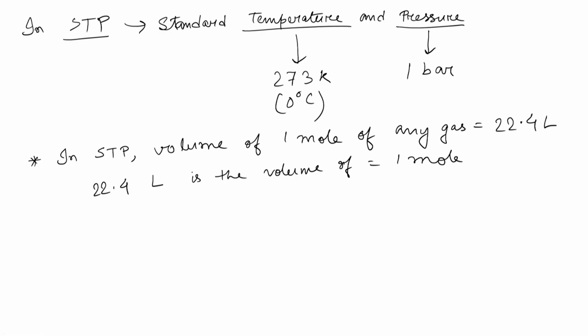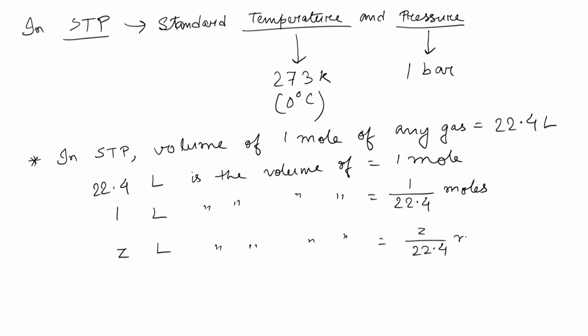Okay. So, 1 liter is the volume of 1 by 22.4 moles of a gas. So, Z liters is the volume of Z by 22.4 moles.